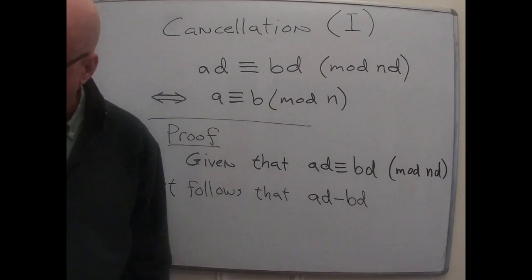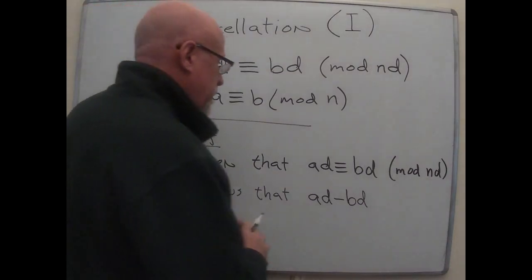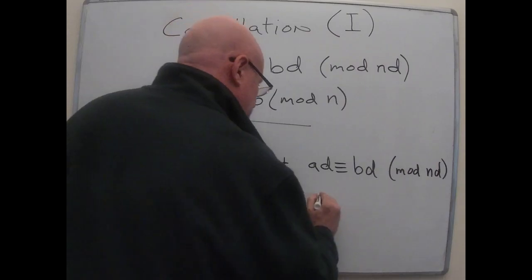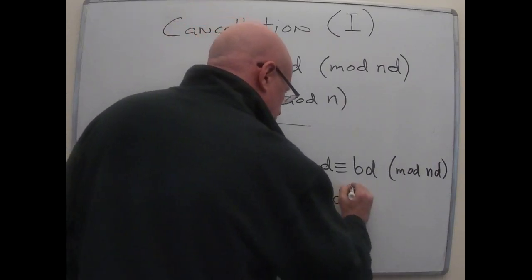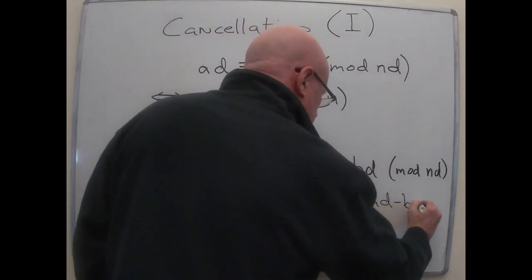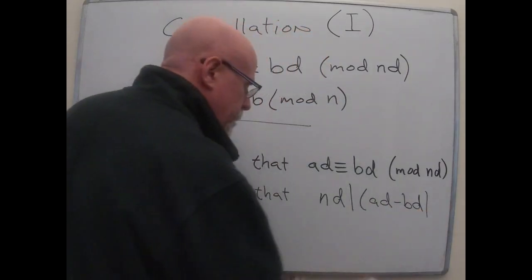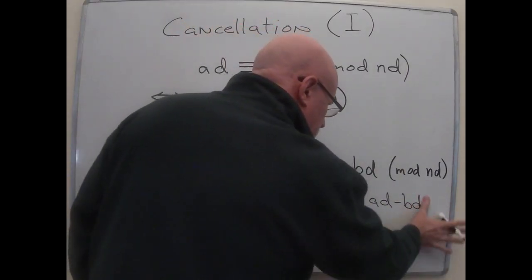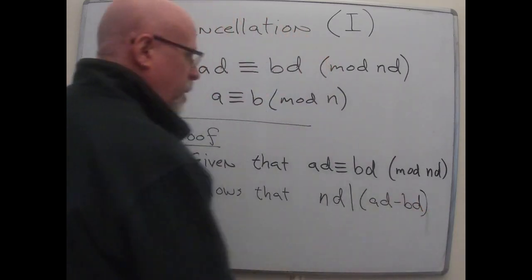How should we say this better? ND divides AD minus BD. Sorry. That wasn't an absolute value bar, that was a divide sign, so I need a parenthesis there. There we go.